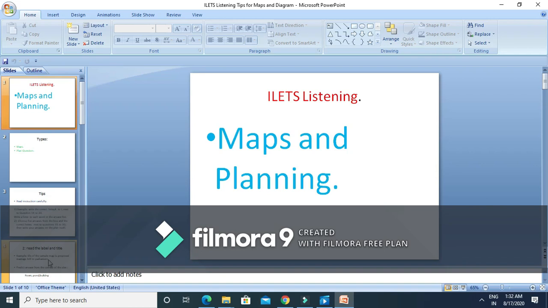In maps and planning, students generally face difficulties, and the probability of a wrong answer is higher in this section. So today I designed certain tips and strategies so that you can solve those questions easily in a time-bound manner.